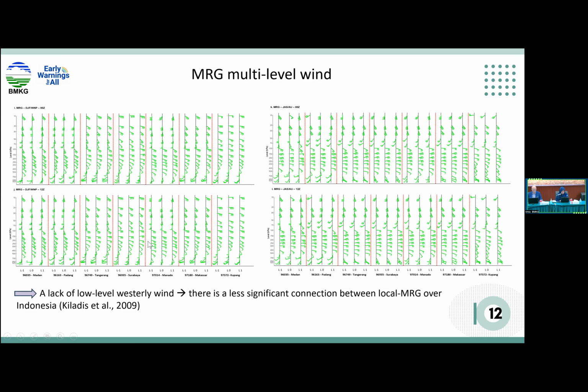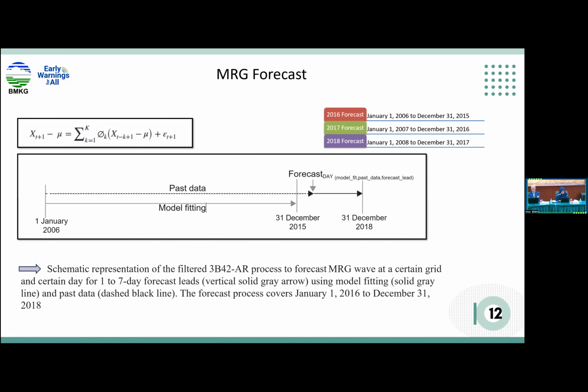So we conclude that there is a lack of low-level westerly wind and a less significant connection with local MRG over Indonesia. And it is also in line with the paper from Kiladis in 2009.